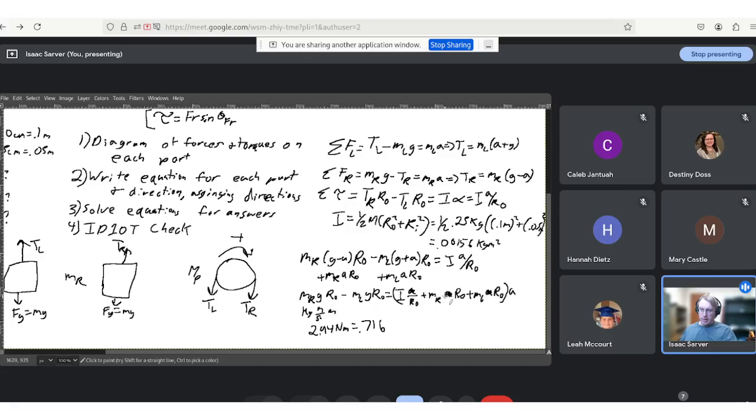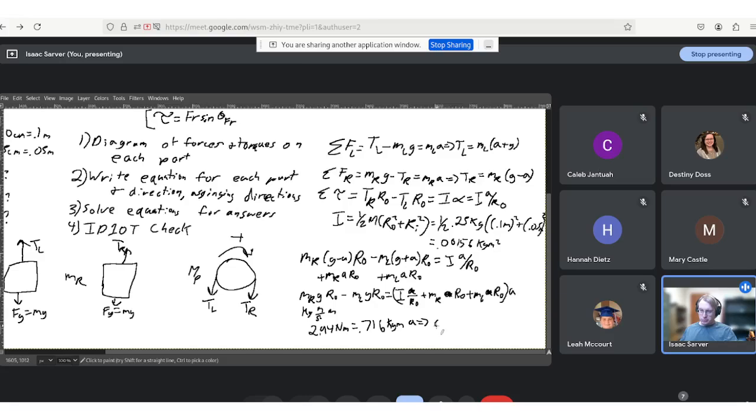Well, that's a kilogram there, and that's a meter there, so that's a kilogram meter. And then this guy here, that's a kilogram meter squared, but I've divided it by this R outer here, that's a meter. So it's kilogram meter squared per meter, so that'll work out to a kilogram meter. And then my acceleration is the thing I'm looking for.